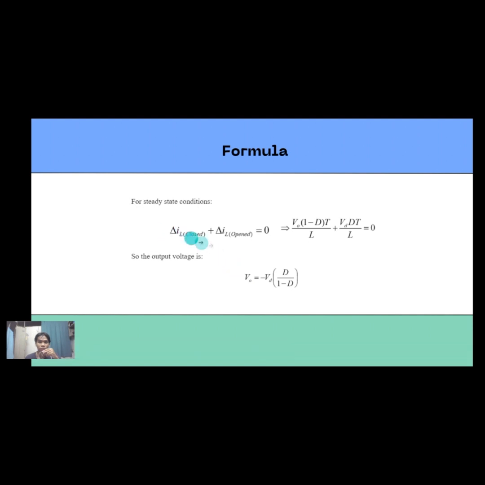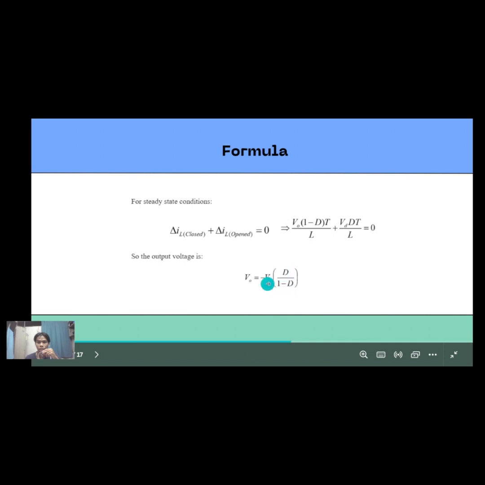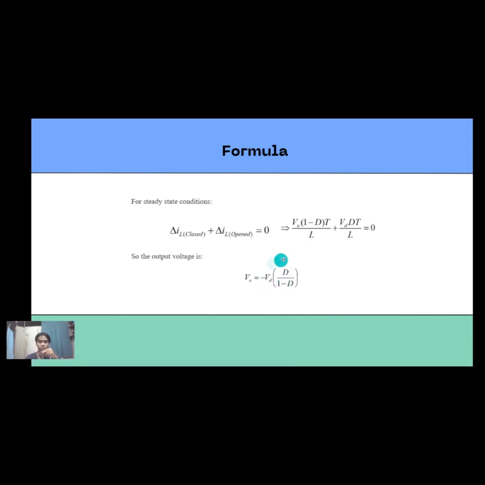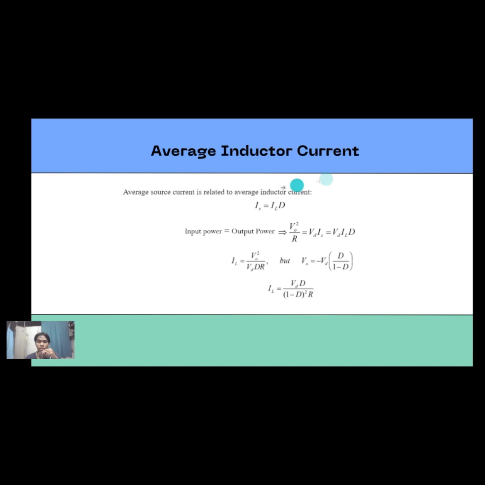For the steady state condition, we already have change of IL for the closed switch and change of IL for the open switch. Then we just insert the formulas that we have just now. So now we have VO equals negative VS D over 1 minus D. For the average inductor current, the average source current is related to the average inductor current.